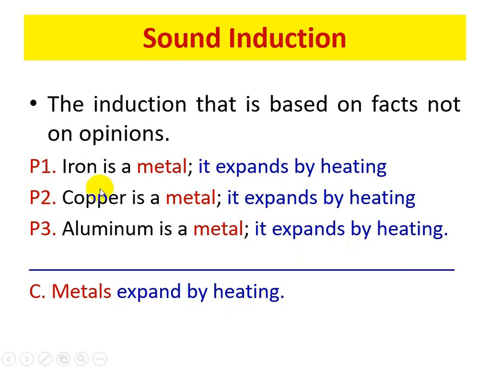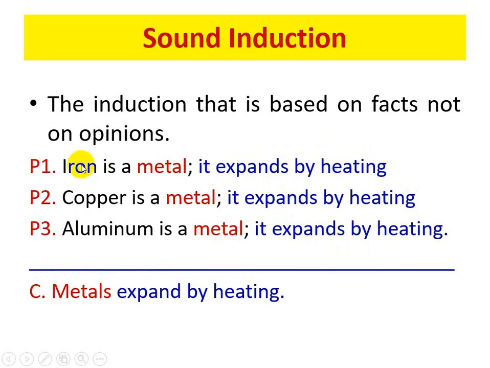Take care here. Iron is a metal, and at the same time it expands by heating. Copper is a metal, it expands by heating. Aluminium is a metal, it expands by heating. So all of these are metals, and all of them expand by heating. So this induction is based upon a scientific basis, on facts. Why?